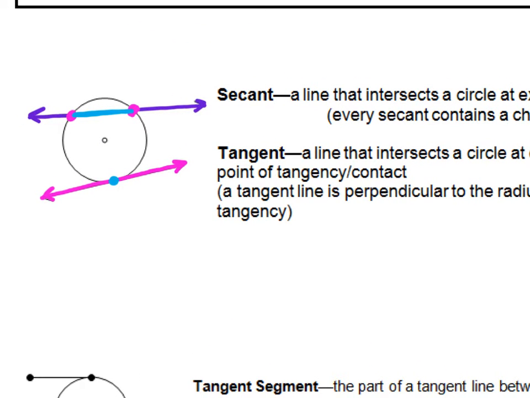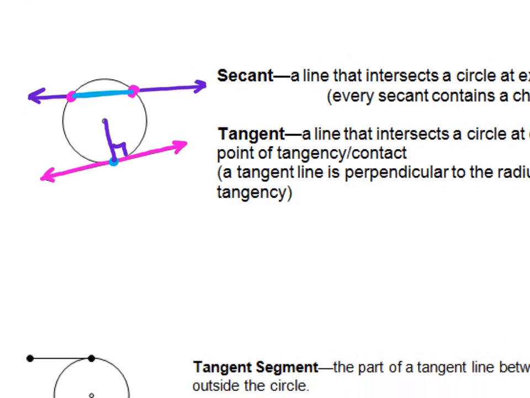So if I draw a line from the point of contact or the point of tangency to the radius, it's going to go right there, that is going to create a perpendicular angle. So we've got 90 degrees right there. So secant, it crosses through it. You got 2 points on the line. A tangent just touches it on the edge of the circle, and it gives you 1 point of tangency. And if you connect that point to the radius, you've got a right angle.